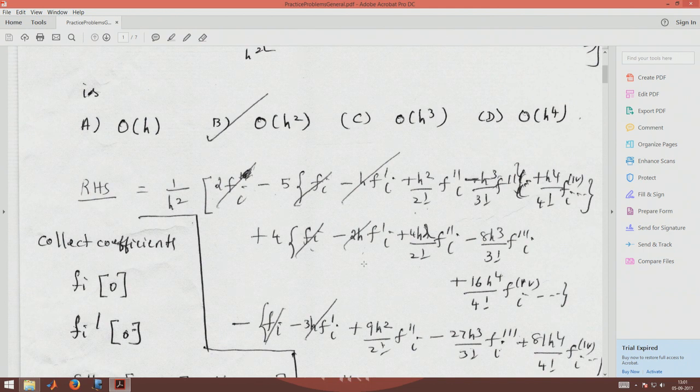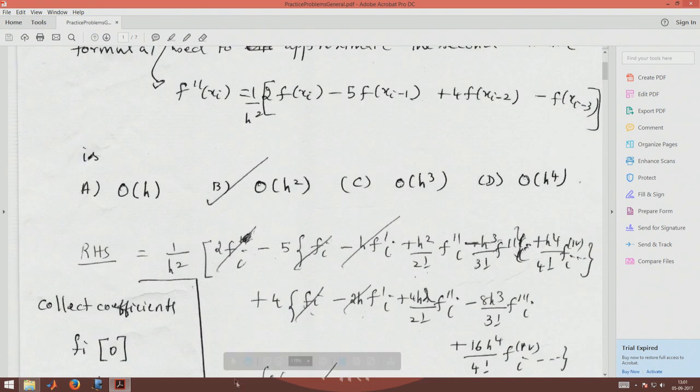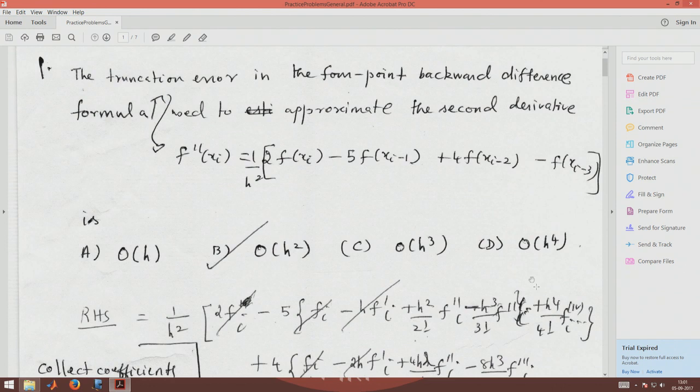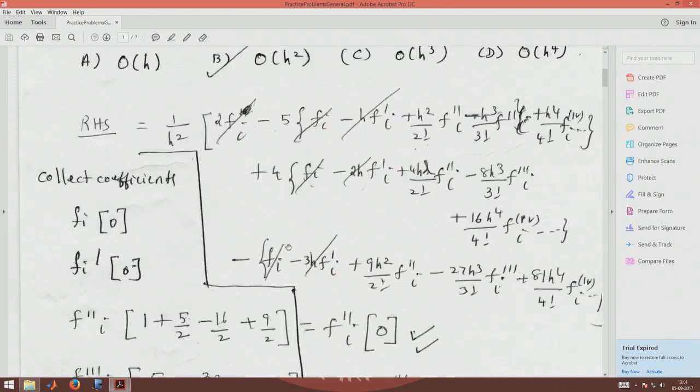Unless you work out the details, you will not be able to give the result. So, you start with the right hand side, expand using Taylor's theorem and get the coefficient of fi, f dash i, f double dash i, f triple dash i, and the 4th derivative of i, and so on. And then that is equal to f double dash i, which appears on the left hand side.